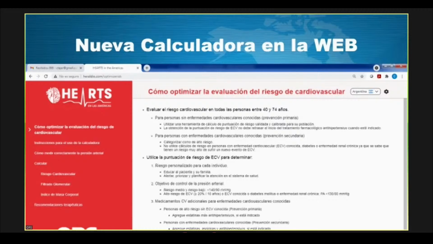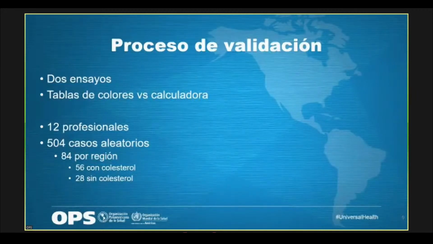This is the way it looks on the web, with all of the menu to the right, and here we have the validation process. We conducted 2 trials, and we compared the color tables to the calculator. We invited 12 professionals.